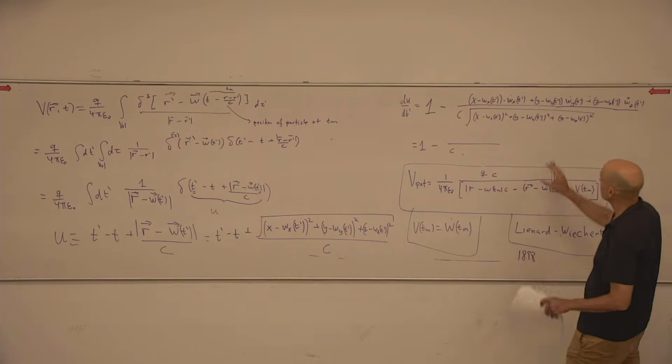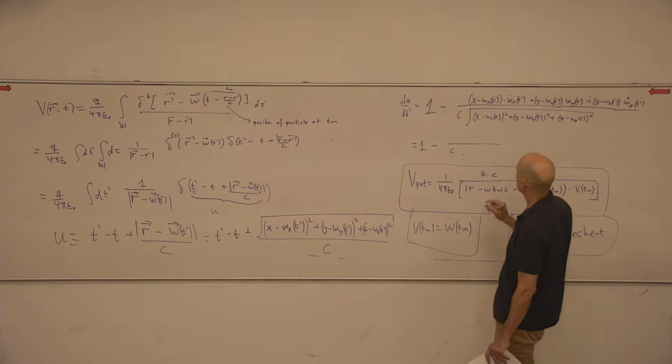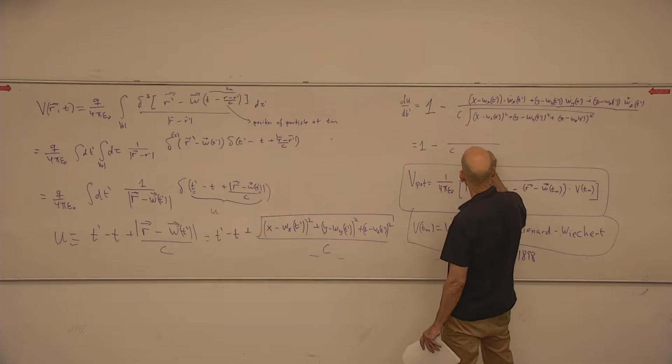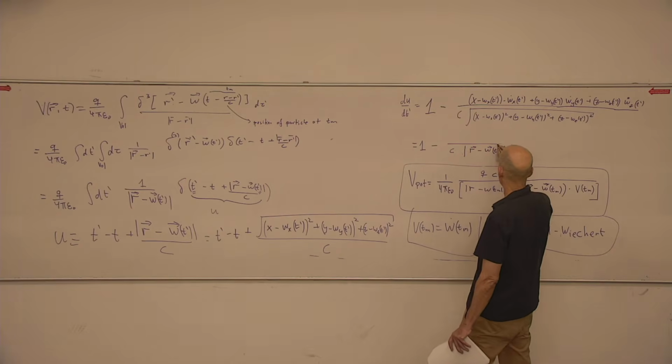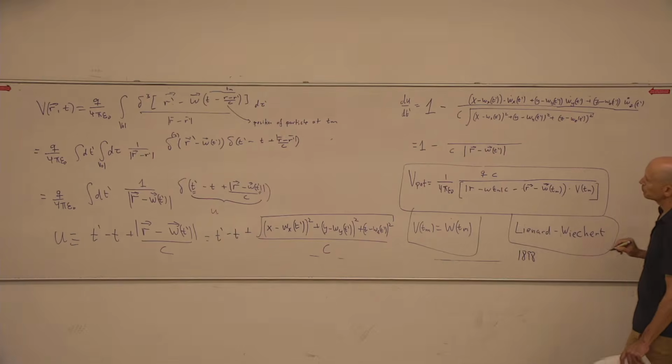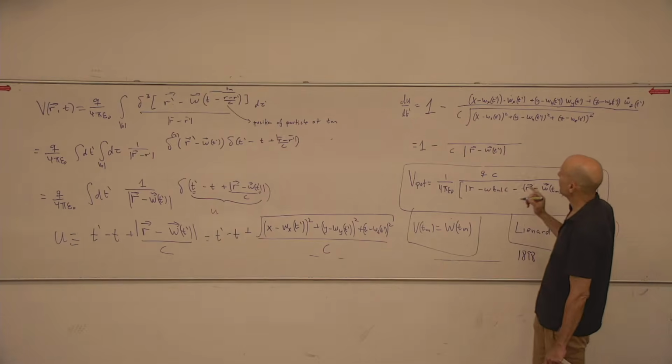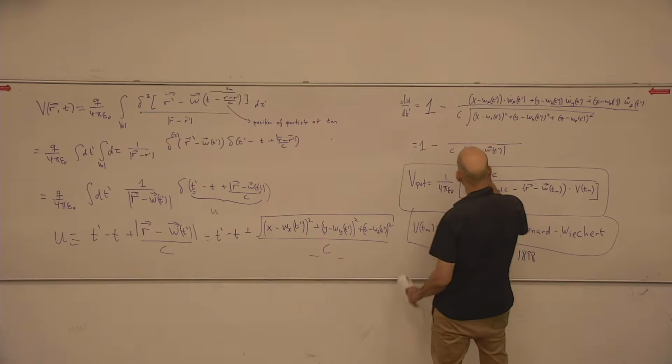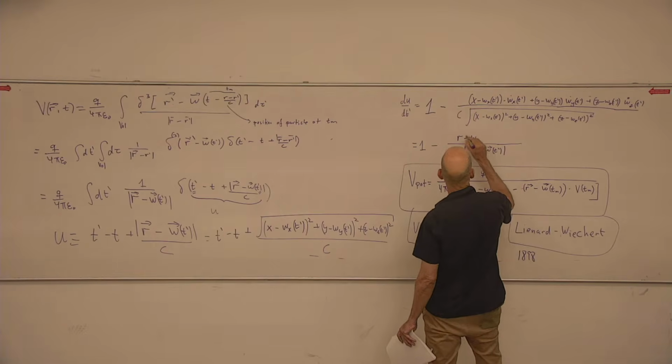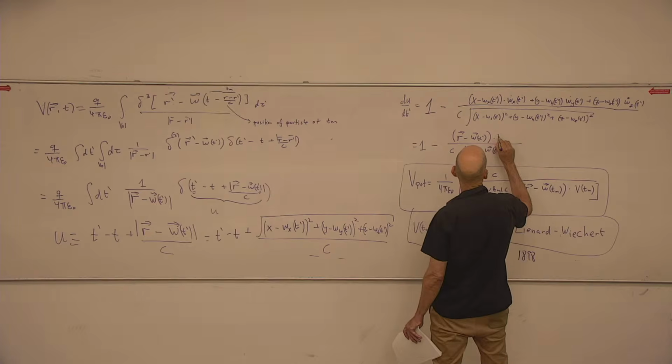What is this object that we have downstairs? It's r minus w t prime, absolute value. And what do we have on top? We have r minus w t prime dot w dot t prime.